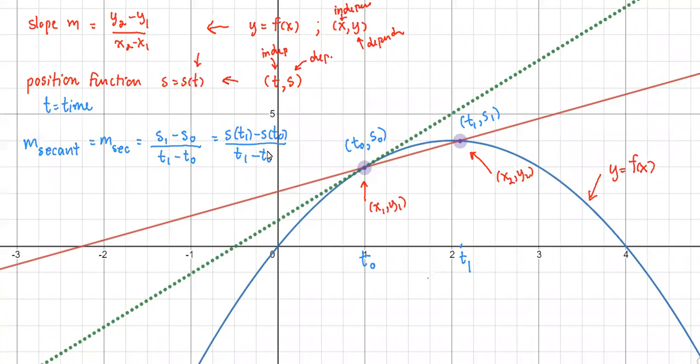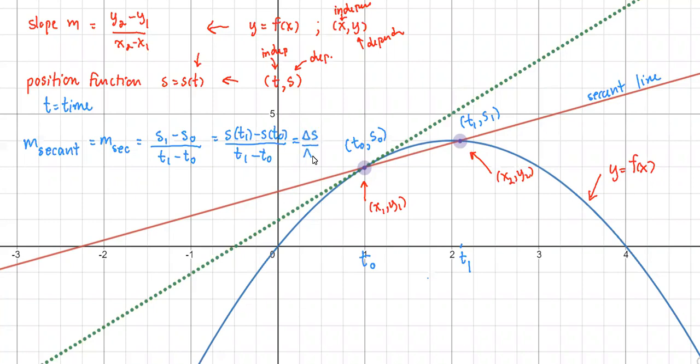Very good. So the red line here is called the secant line. Secant line, or the line that's cutting across, passing through two ordered pairs. By this application, as you see, the top portion is called the change in position.